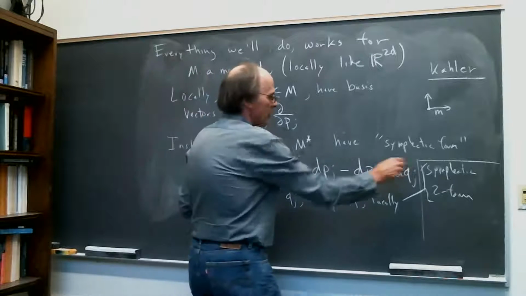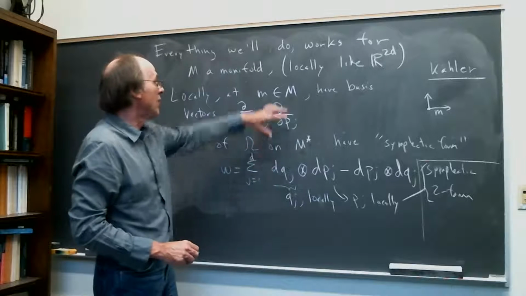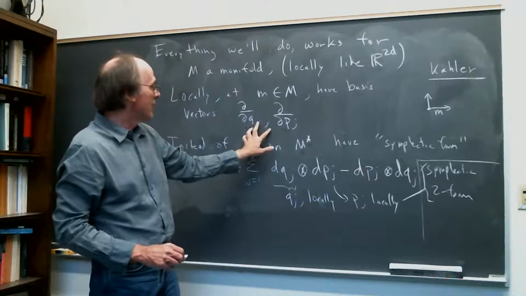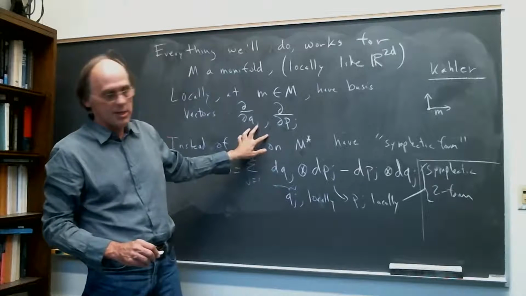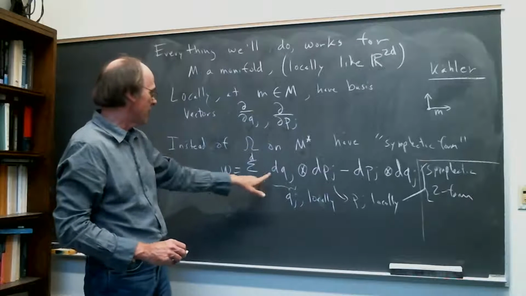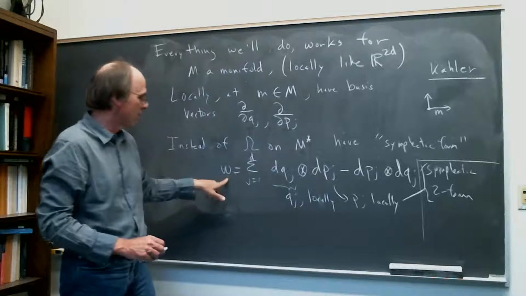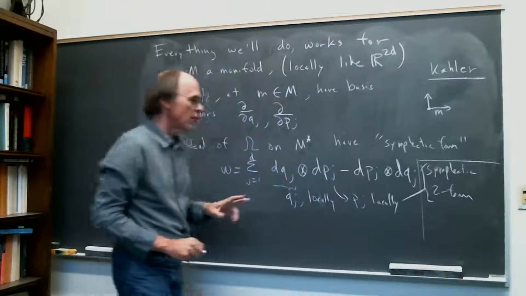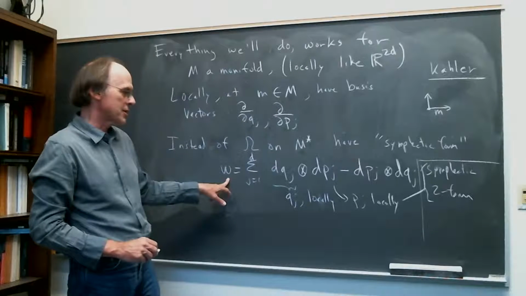Symplectic geometry means you've locally got these coordinates, this basis for your tangent space, and in local coordinates this anti-symmetric bilinear form, called omega.